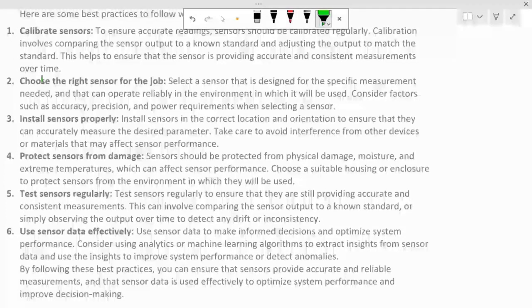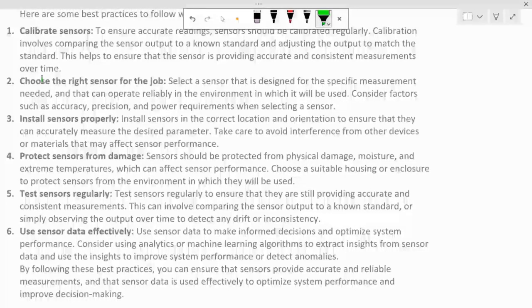Protect these sensors from damage. Sensors should be protected from physical damage, moisture, and external temperature, which can affect sensor performance. Choose a suitable housing or enclosure to protect the sensor from the environment in which it will be used.